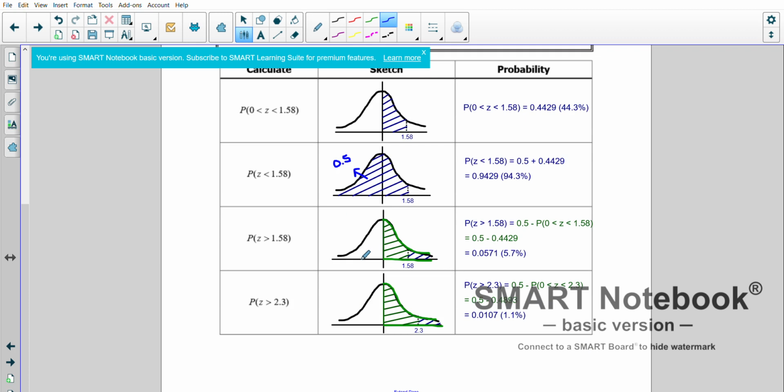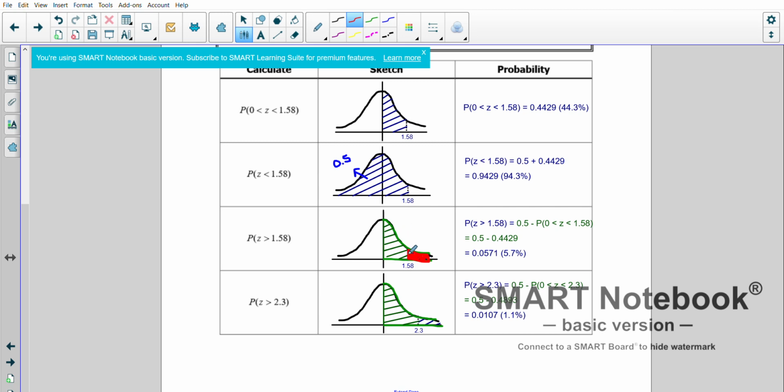So we need to dig deep here. So I want this shaded region right here. I'll highlight this in red. Well, how am I going to get that? I can't get it directly from the table. Well, what can I get from the table? I can get the green shaded region. I can get between 0 and 1.58 positive.